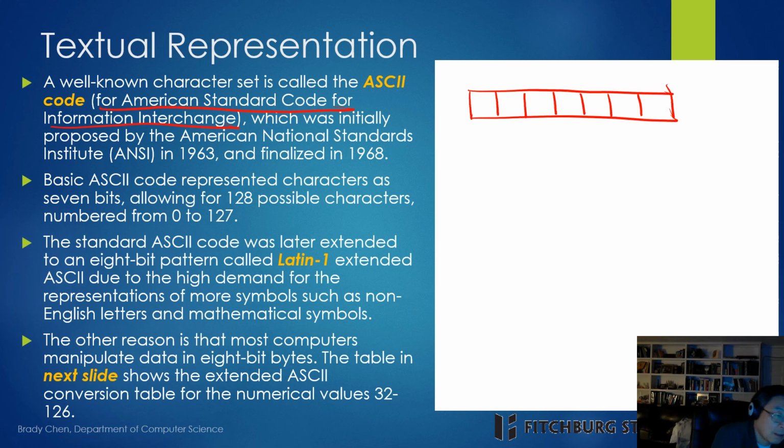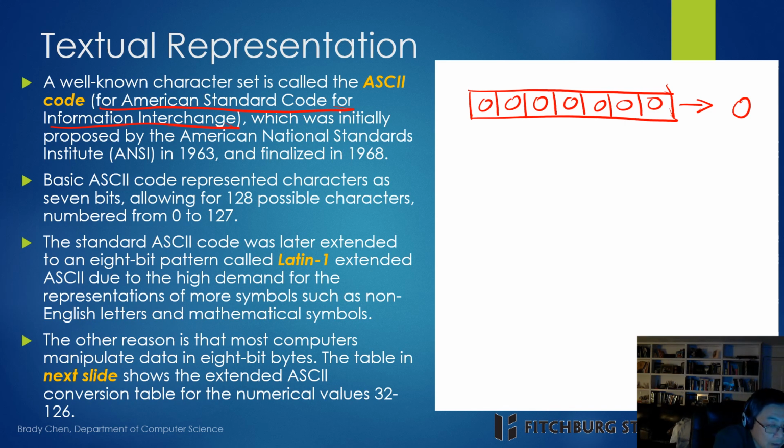Okay, so let's think about the problem this way. Suppose we put all 0 in these 7 bits. Now we know that we can convert this 7-bit binary number to a decimal, which is 0, right? We know how to convert between binary and decimal numbers.